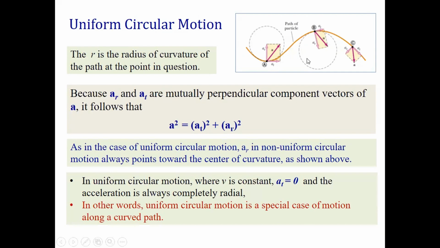We can see here the radial component is always pointing towards the center of the circle. In uniform circular motion, we have constant speed, therefore a tangential is 0, and the acceleration is completely radial. The radial part is always directed towards the center. So uniform circular motion is a very special case of an object moving along a curved path.